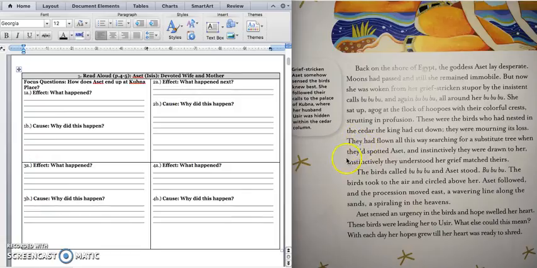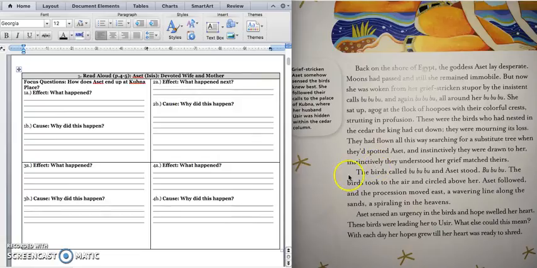Underline that sentence. The birds were looking for a substitute tree. In 2A, you're going to write down they, which is the birds, they have flown all this way searching for a substitute tree when they spotted Aset, and instinctively they were drawn to her. Press pause to write down the effect and play when you're ready for the cause.